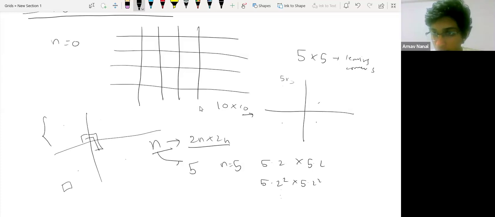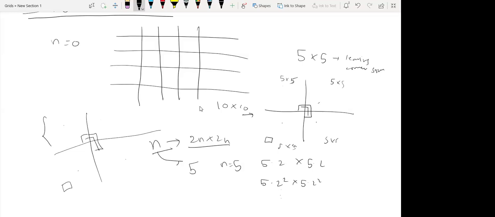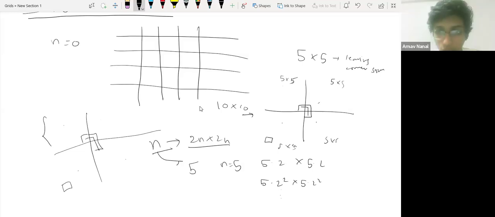Using your argument, you tile this, leaving this corner. Now you induct on n, so for 10 cross 10 you are done. Again you can multiply by 2.